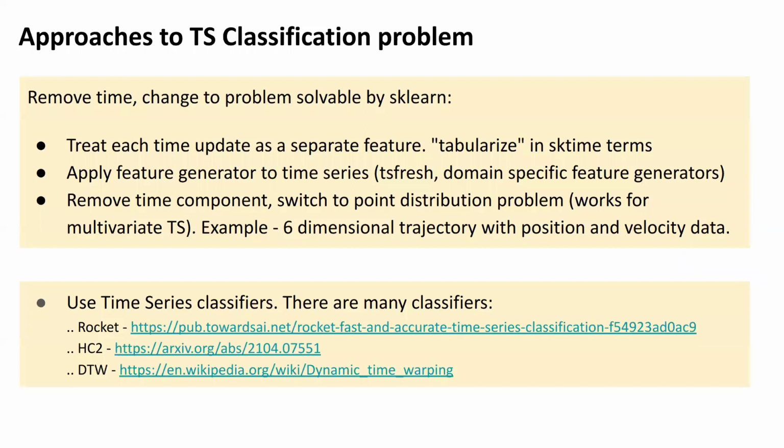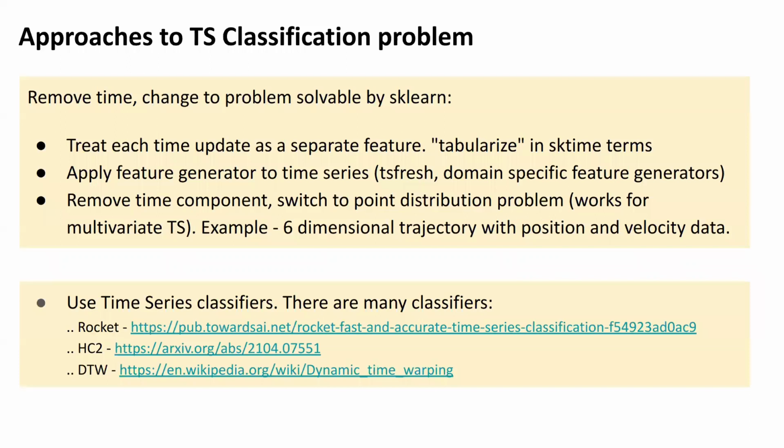Yeah. The other way of removing time series from this problem that I've used before works for multi-series time series. You can think of it as removing the time component altogether. Think about it this way. Let's say you have a trajectory with position data. If you remove the timestamps, you now have just a collection of points.